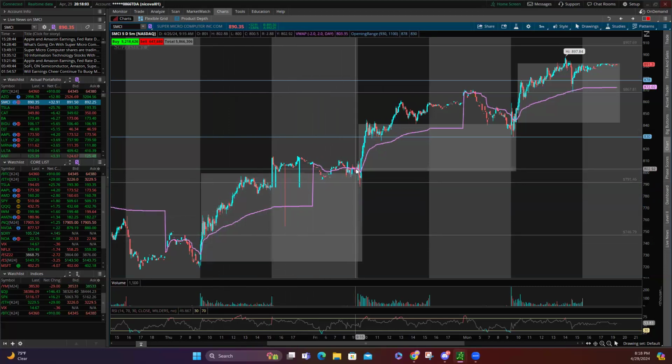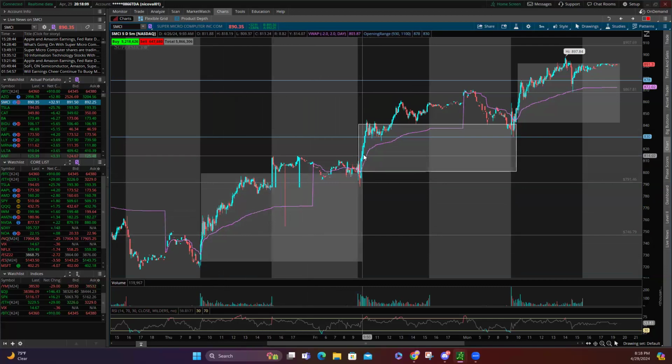Let it run, let it run, and then could have sold at the open, an easy trade. And then when you see that we broke again, you could have entered anywhere here. And this is on the 5 minutes. And then hold, hold, hold. You want to sell anywhere around here if you have another indicator, or just hold until here.